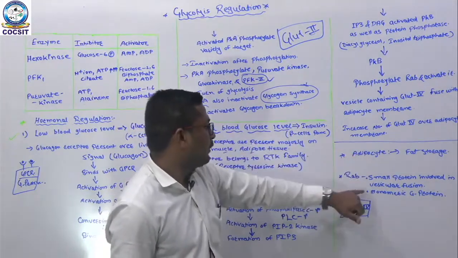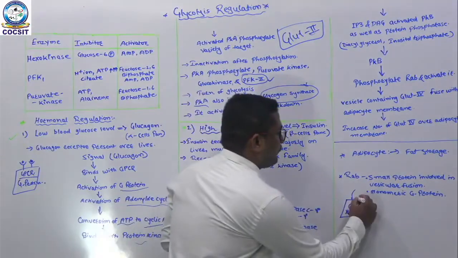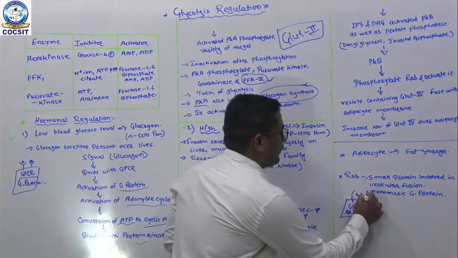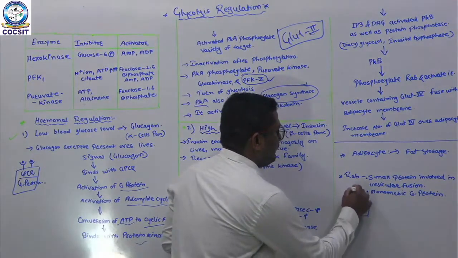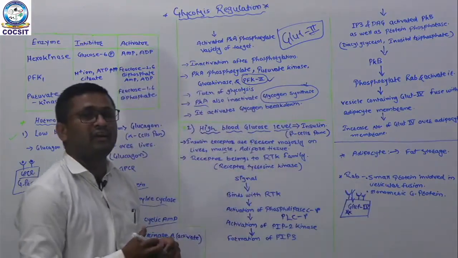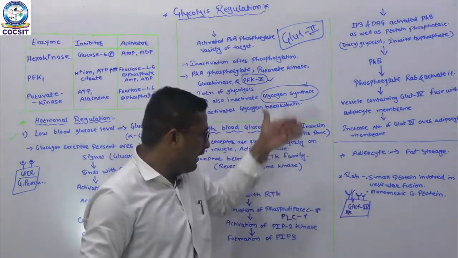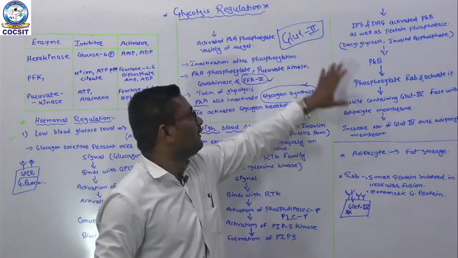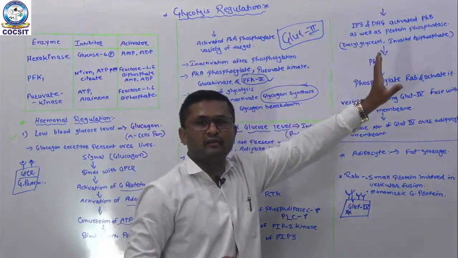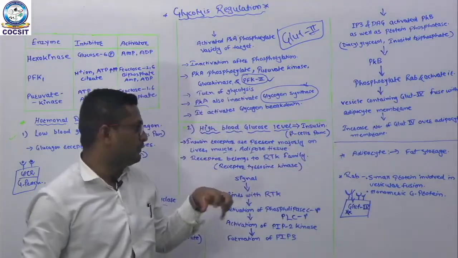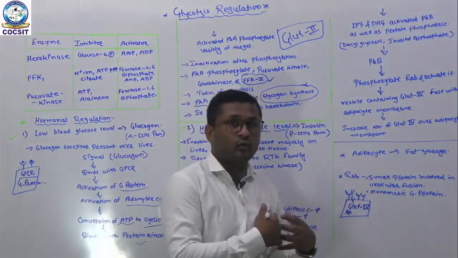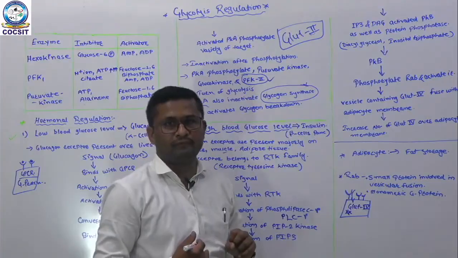Okay, and on the membrane of the adipose tissues, the number of receptors will increase, and as these increase, they can now identify that insulin, and they can now intake that glucose via the GLUT4 transporter.